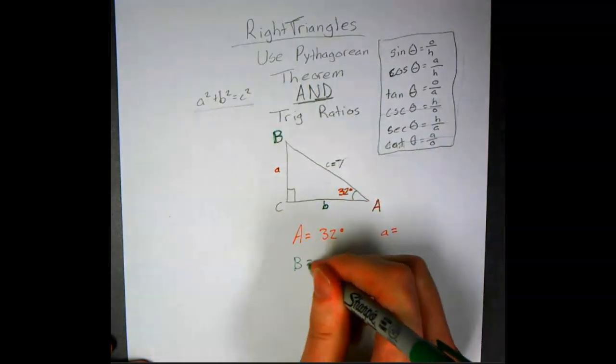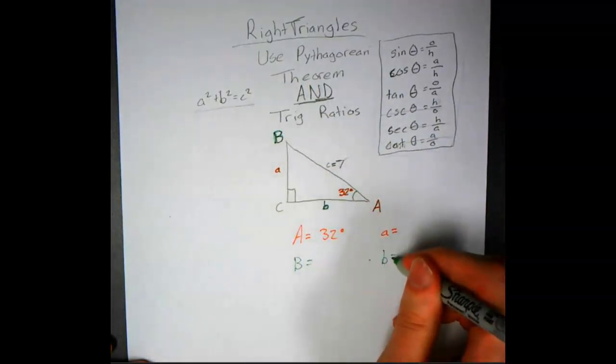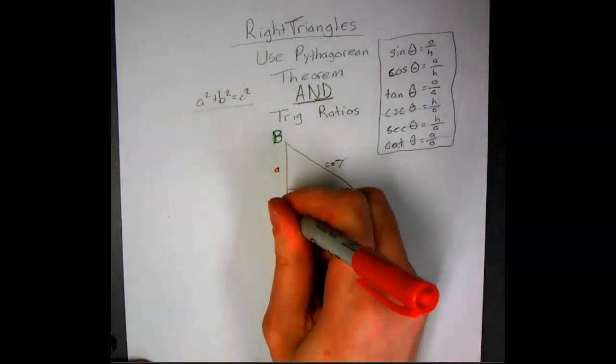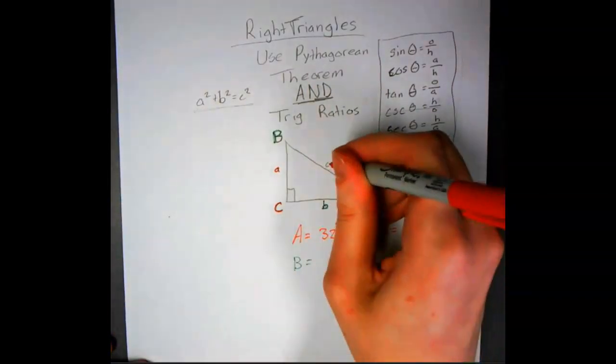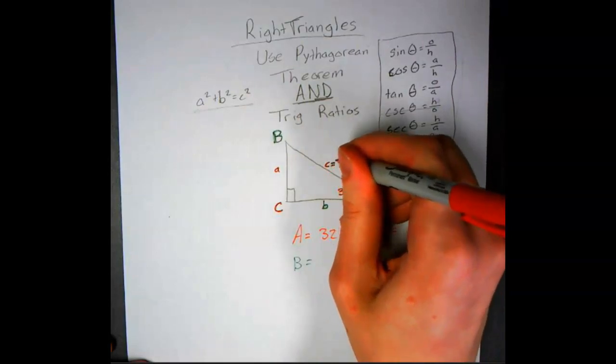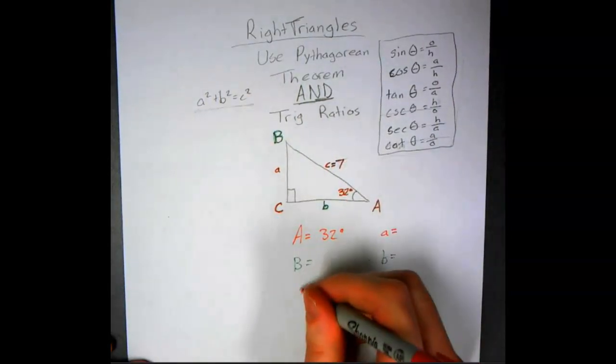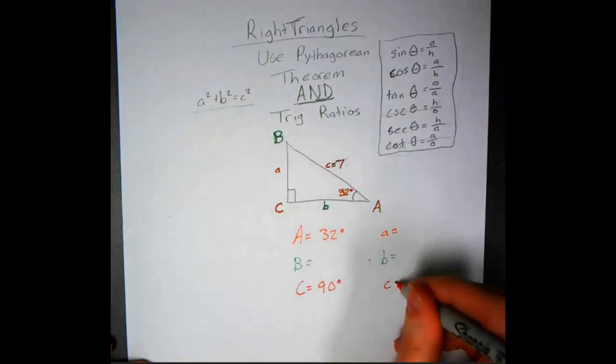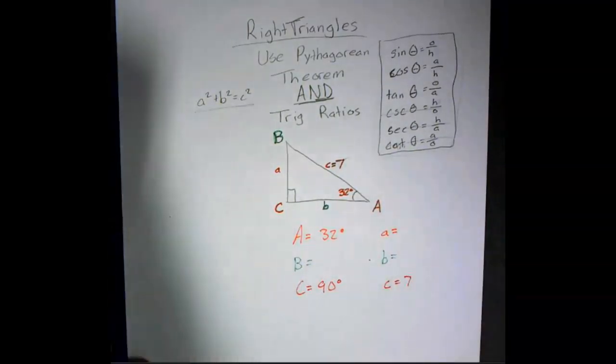So B equals something. Now for the last one, C. Well, C is going to equal that 90 degrees, and little c equals 7.